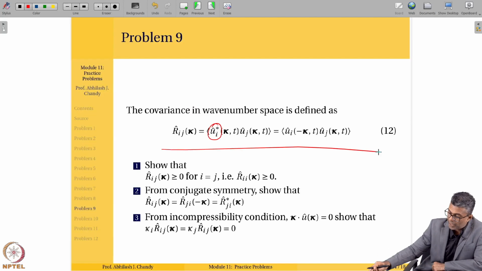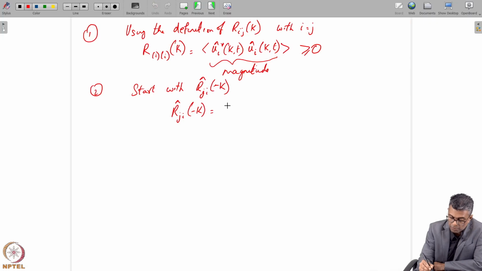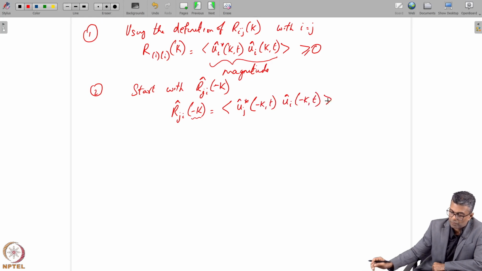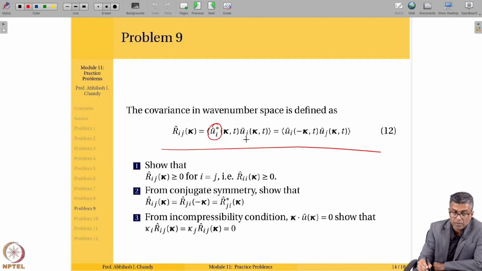Using the definition, this just becomes the covariance of uj star of minus kappa comma t hat, of course, times ui hat of minus kappa comma t, because you are taking it as minus kappa. This is what we have here, except I had a minus kappa so I had to put a minus everywhere.